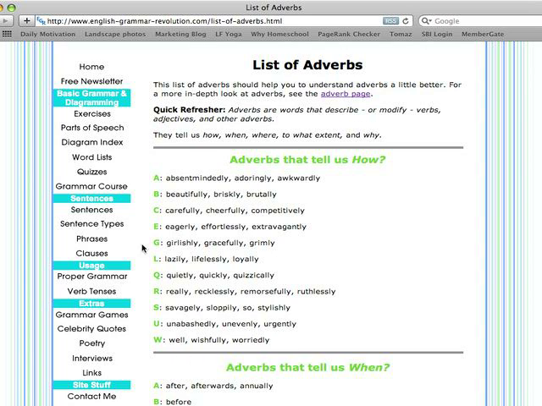You can look at some of the other ones right here. Basically, all of these tell us how something happened. If I said, the man walked briskly, you could ask, how did the man walk? Briskly. Briskly answers how he walked, so it would be modifying a verb in that example.